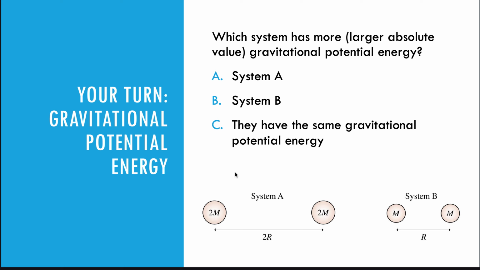All we have to do is plug and chug into the equation for gravitational potential energy. For system A over here, we're going to have negative G times 2m times 2m. We have to do the product of the masses divided by the distance, which is 2r. So we're going to get negative 2 G m squared over r.